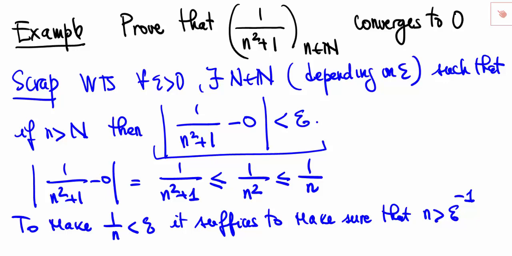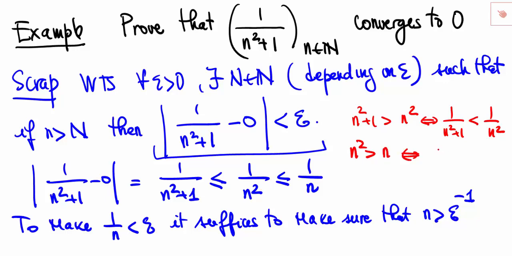Another way of seeing this is that n squared plus 1 is greater than n squared, which implies that the reciprocal of that is less than 1 over n squared, right? And the fact that n squared is greater than n implies that 1 over n squared is less than or equal to 1 over n. So this whole expression here is less than 1 over n.